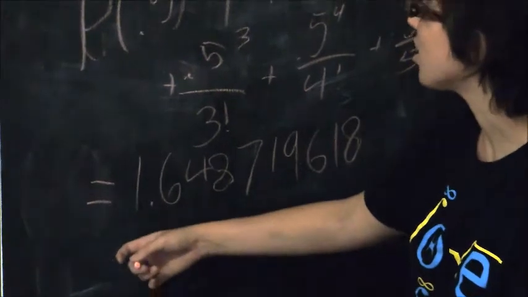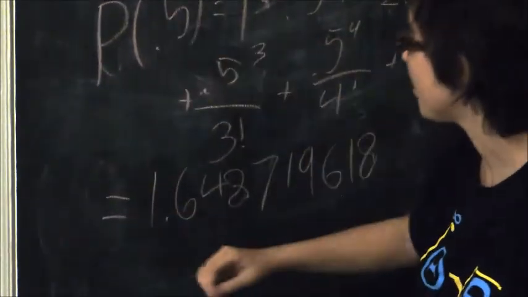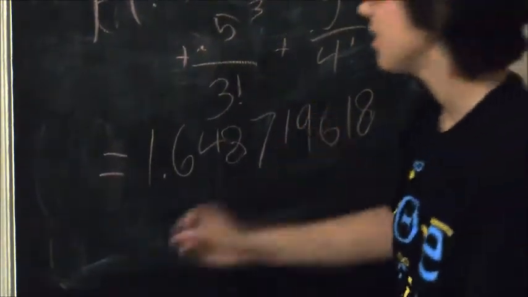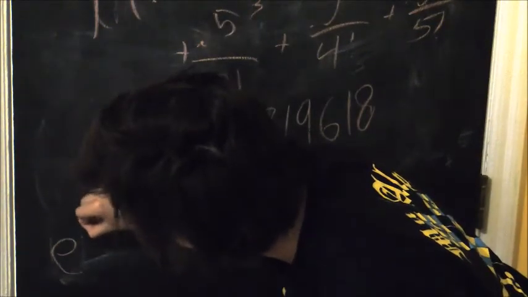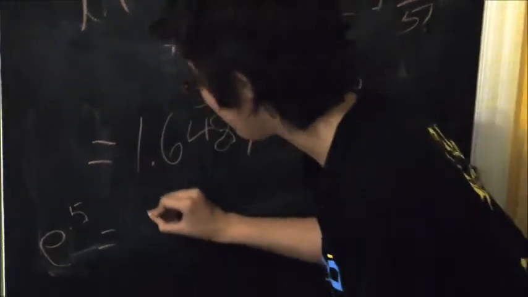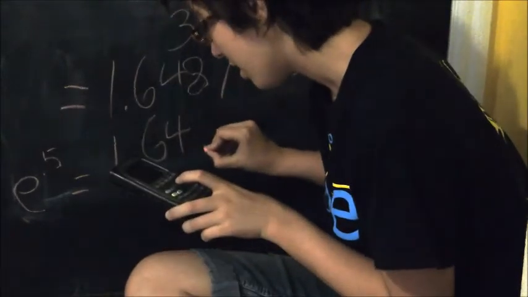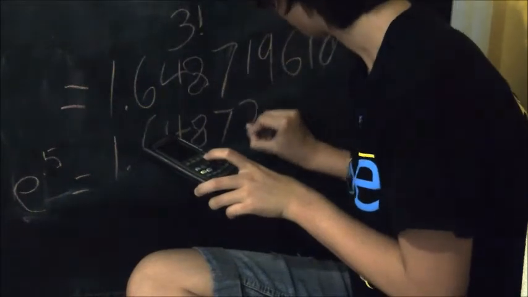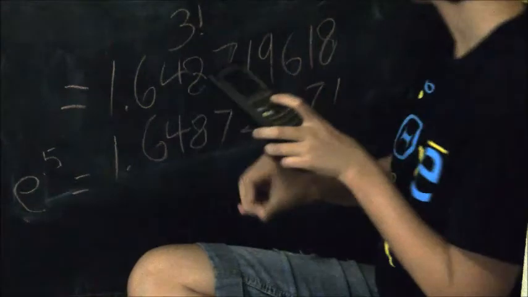So when we plug in P of 0.5, we ended up with 1.648719618. Now we plug in e to the 0.5, and we end up with 1.648721271.